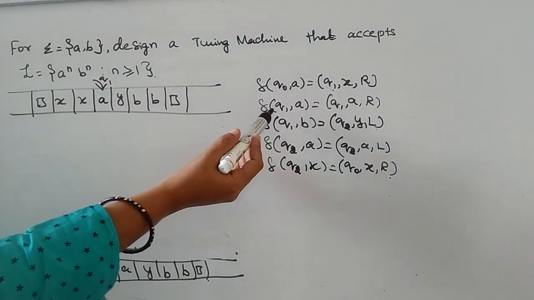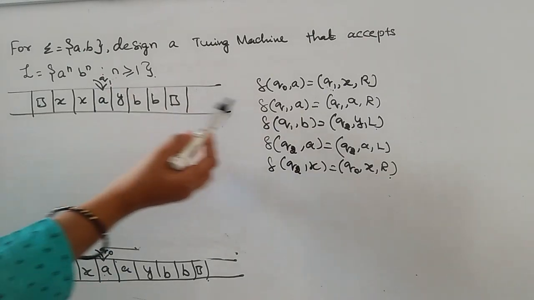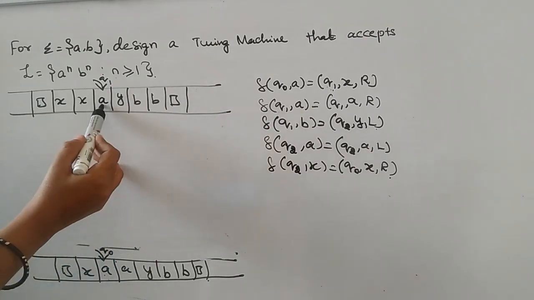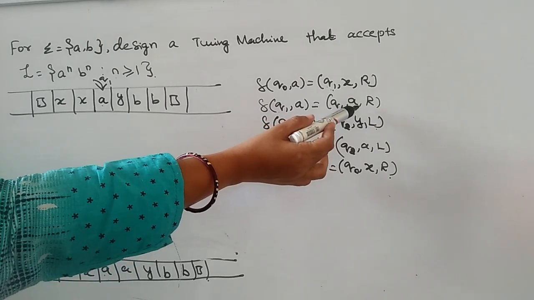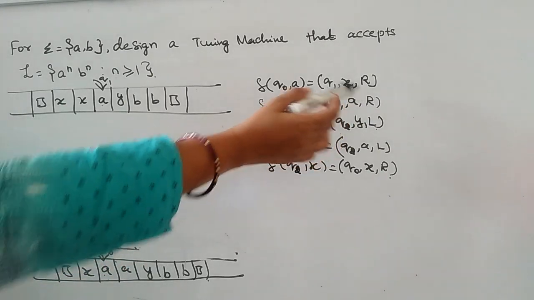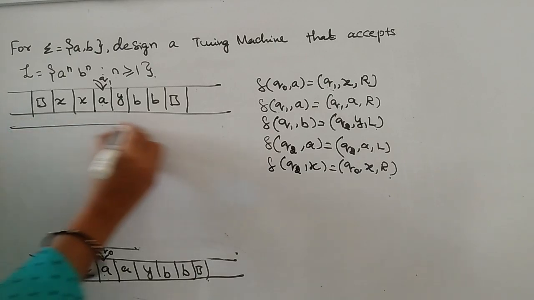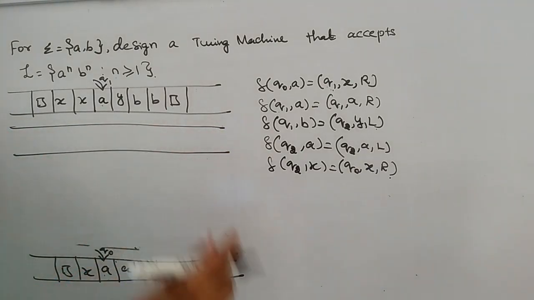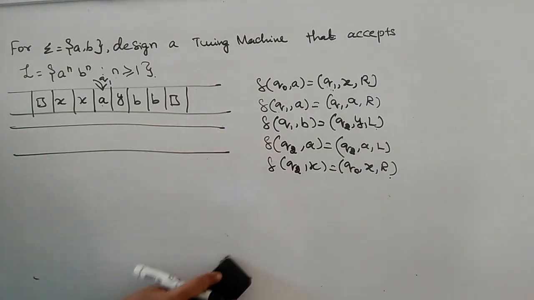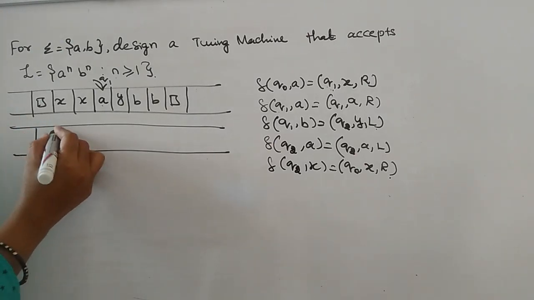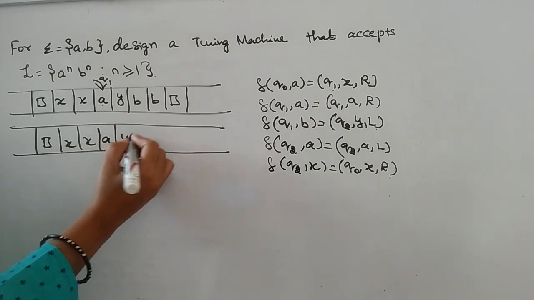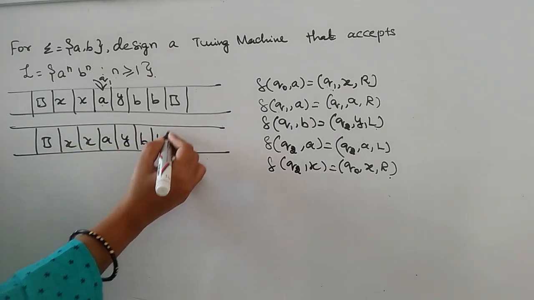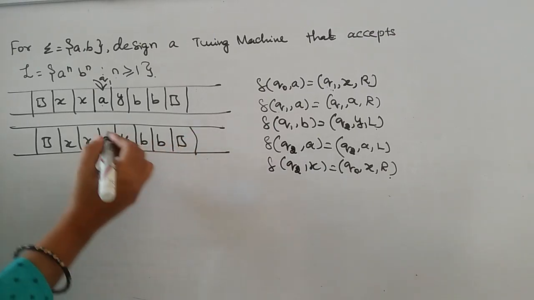And consider here, if the machine is in the state Q1 and it is pointing to the symbol A, we are just going to move the read write head towards right. That's why here we are going to write A, Y, B, B, and then blank.